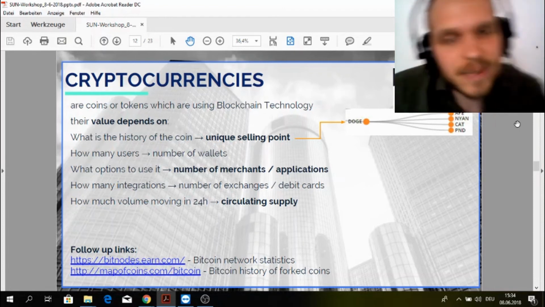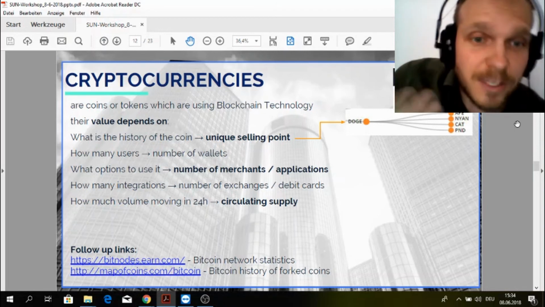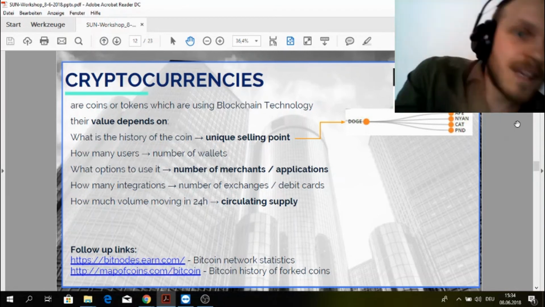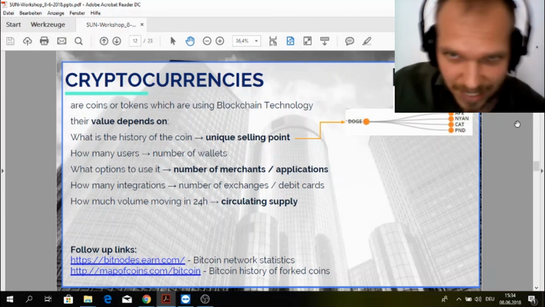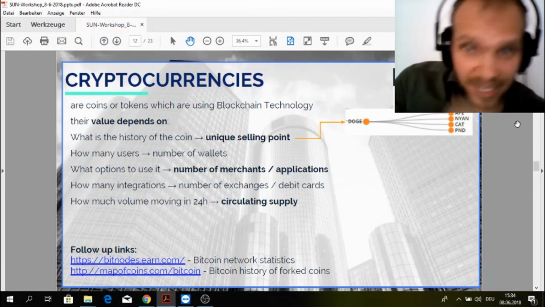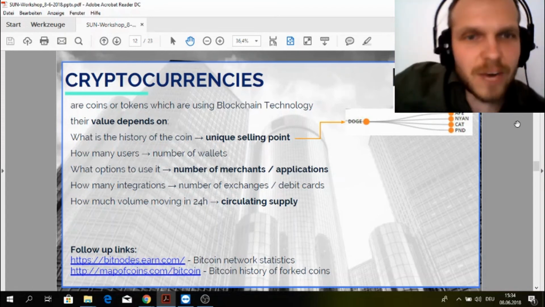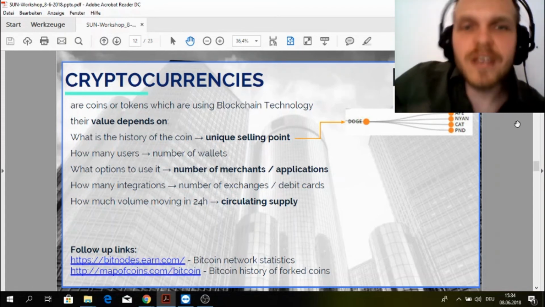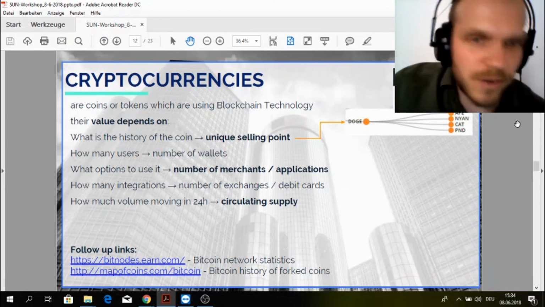So every 24 hours, 2 million of value are exchanging between one person and another, or between entities like industry entities. And of course, this means not only the number of users is describing it, but also the number of merchants or applications describe how much value is in your cryptocurrency.